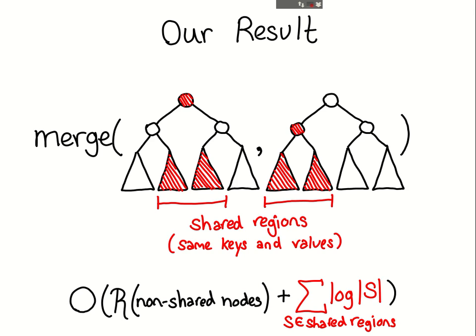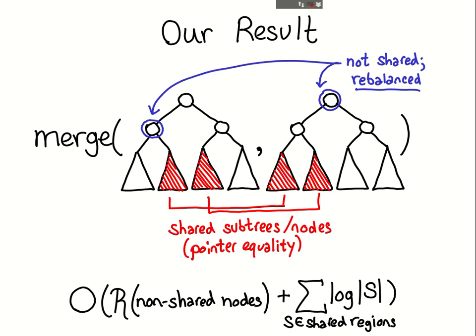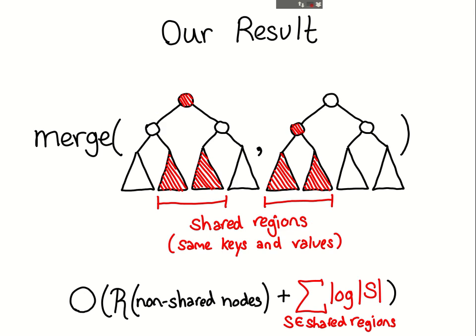Shared regions are portions of the original document which have the same keys and values. They may not correspond directly to shared subtrees because a shared region may be spread out over multiple nodes of the document. So a shared subtree is identical between the two representations, whereas a shared region simply shares the same keys and values, but may be structurally different.